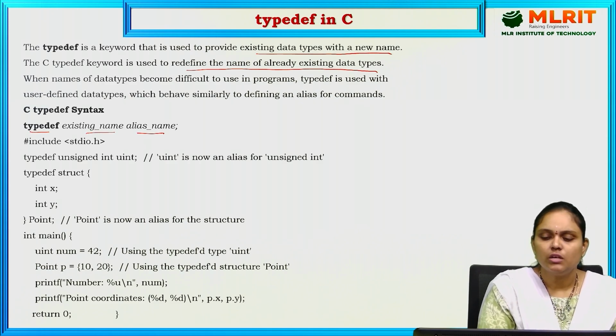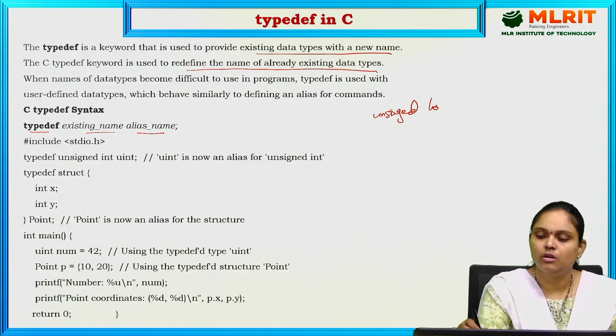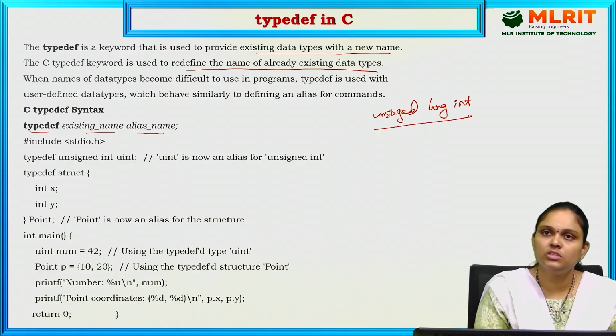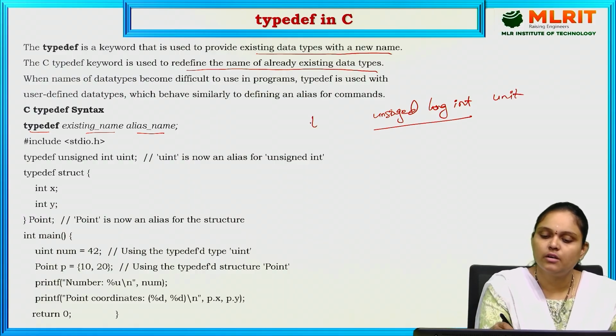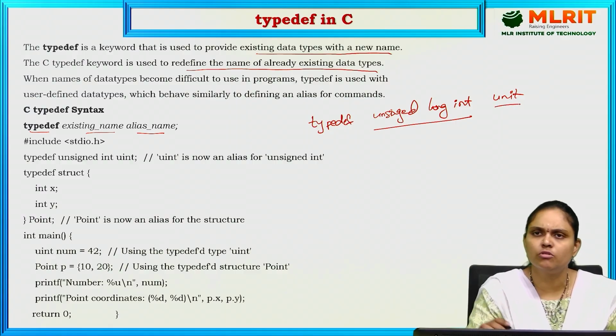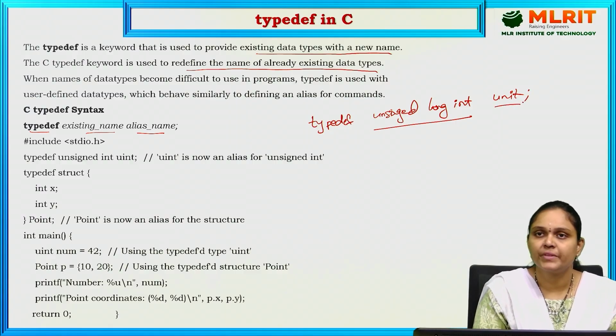For example, we have a data type called unsigned long int. These three words can be replaced by a single word, uint, using typedef, or whatever name you want to give to the existing data type.